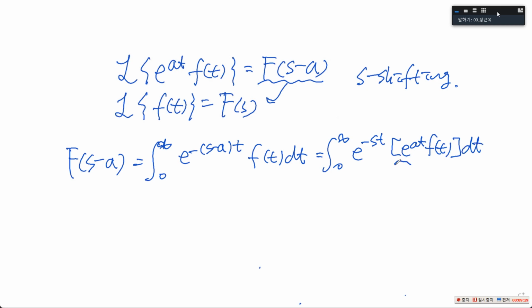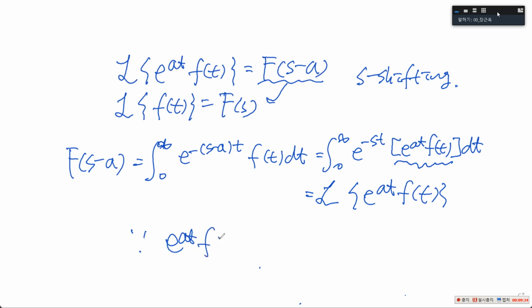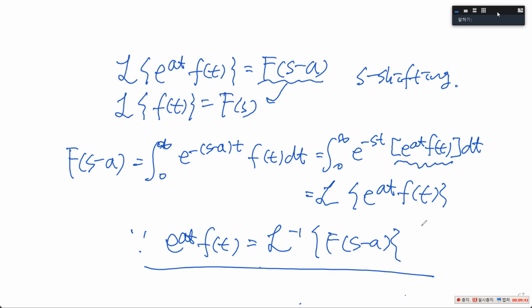So it is nothing but the transformation of what is inside the bracket, so we can write e^(at) f(t). Finally we have e^(at) f(t) equal to the inverse transformation of F(s minus a). Okay. Any questions on this shifting?